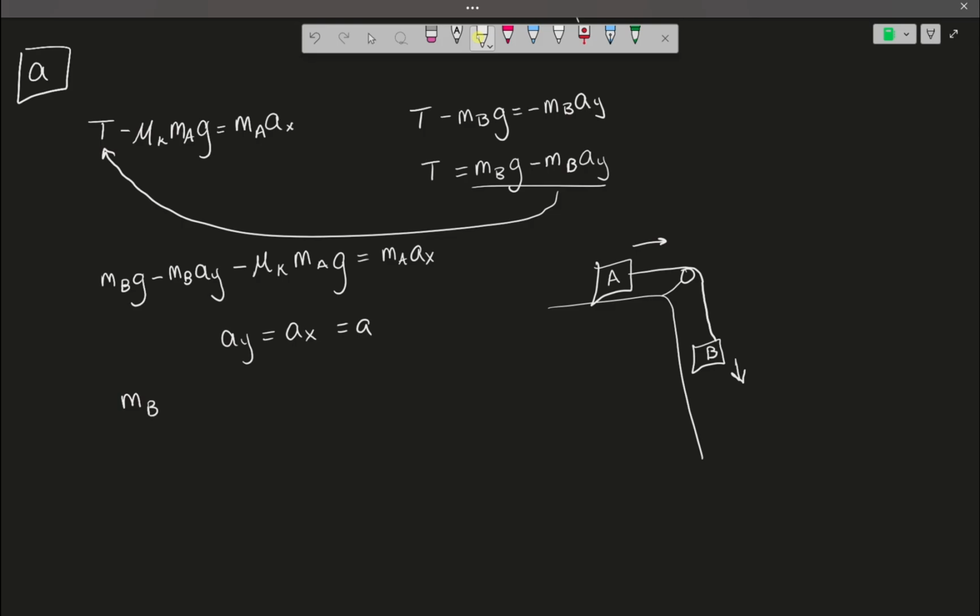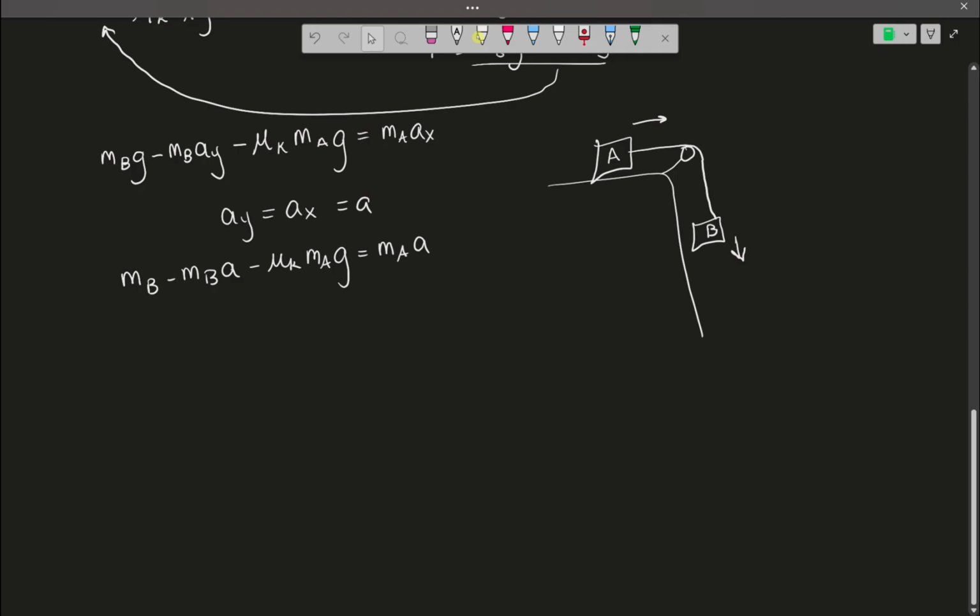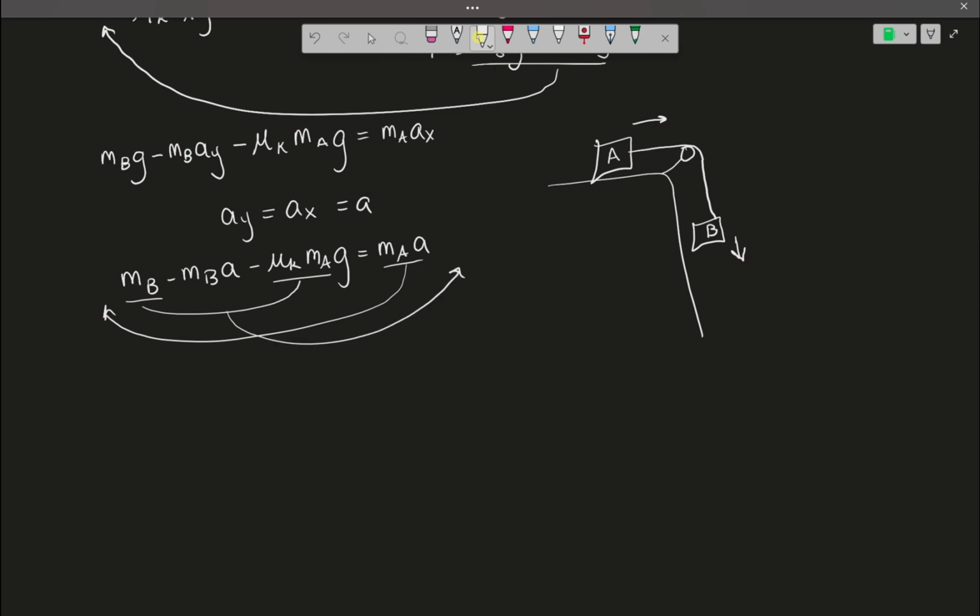So the mass of block B times g minus the mass of block B times the acceleration minus the coefficient of kinetic friction times the mass of block A times g is equal to the mass of block A times the acceleration. Since I'm solving for acceleration, I want to get acceleration by itself on the left-hand side. So I am going to move this to the left, and I'm going to move these two over to the right-hand side.